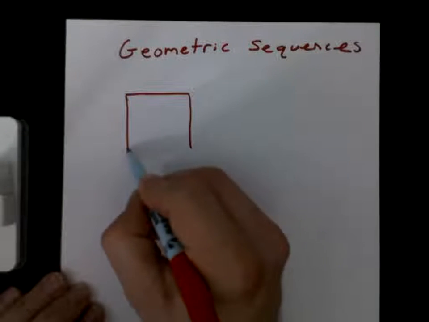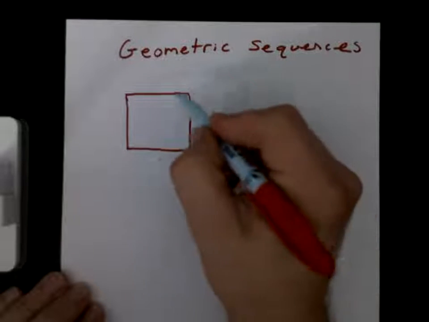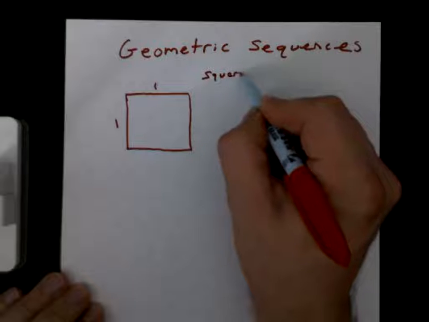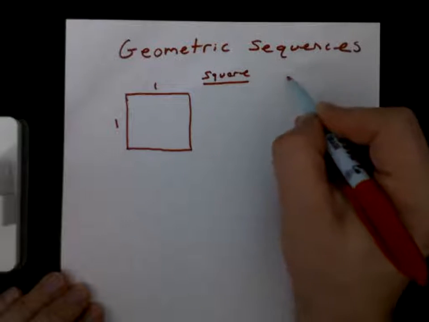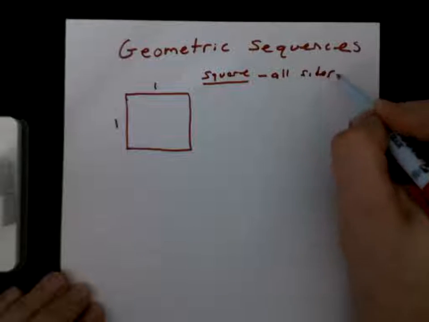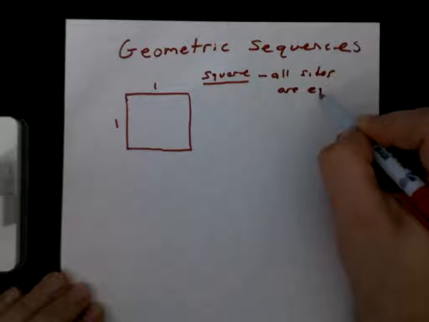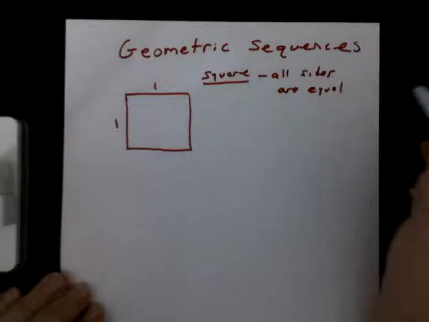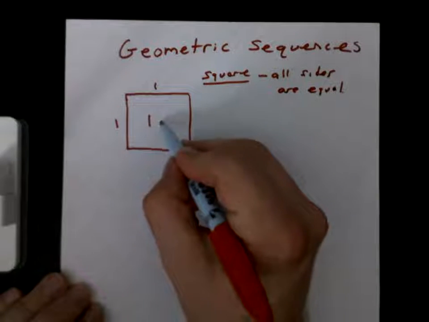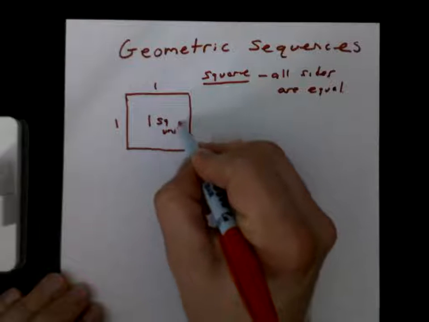We had a square on our homework, and this is a one by one square. Remember, a square has all sides equal. If we have a one by one square, that is one square unit.